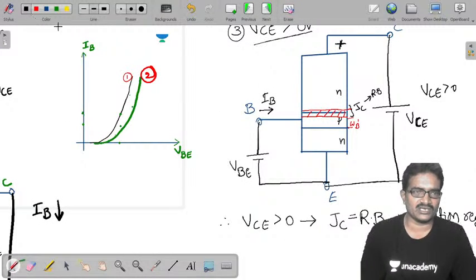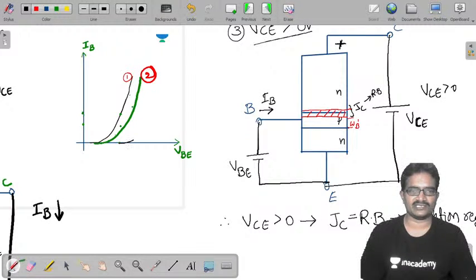So here is your base current decreasing, like this. This is the third case.